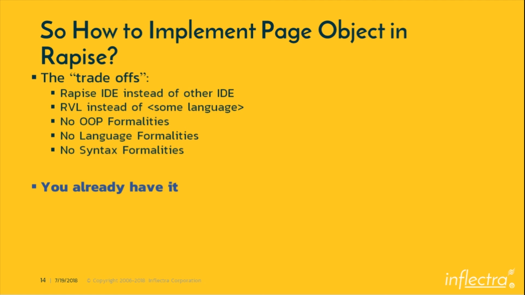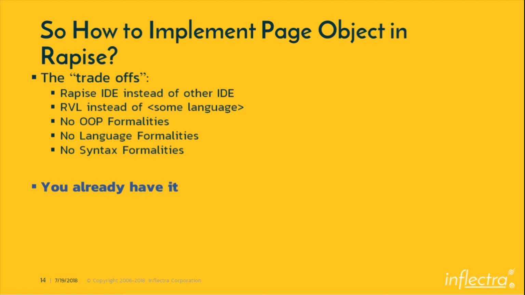And if you go with Rapise, you don't have to follow those formalities. You don't have to deal with those, and you already have those essential 10% that's actually useful within the page object pattern. So this is my kind of short answer of the comparison.